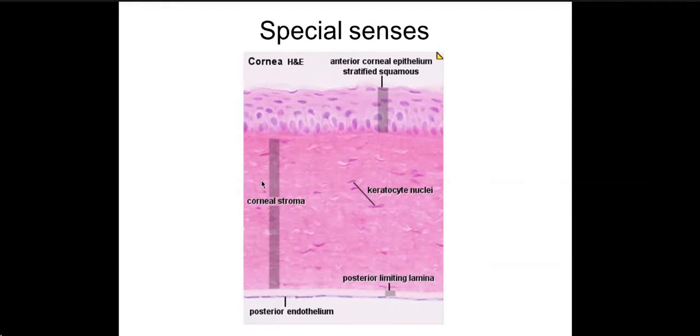Am I clear? The anterior elastic lamina is there in the cornea, and if it is damaged, there will be scar formation in the cornea.